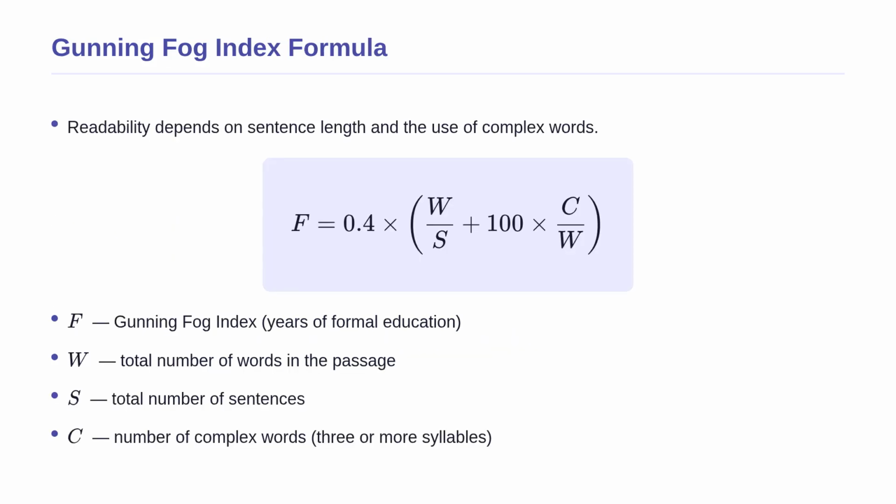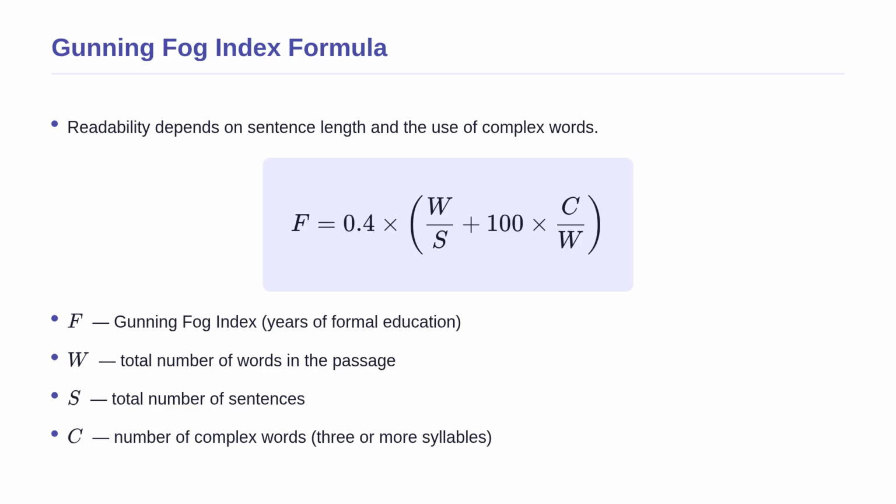This brings us to the mathematical formula behind the Gunning Fog Index. The formula is F equals 0.4 times the sum of W over S plus 100 times C over W. Here, F is the final index score.